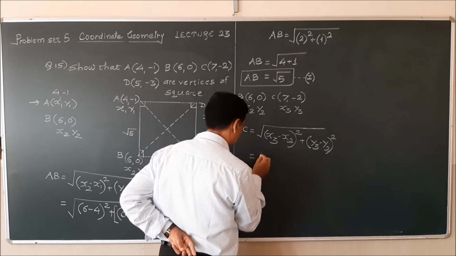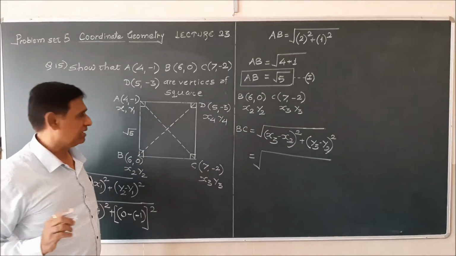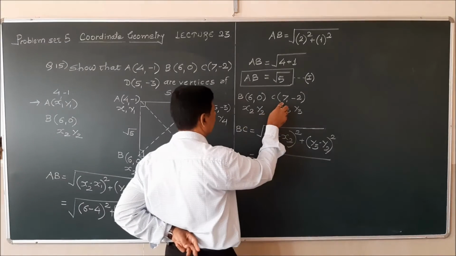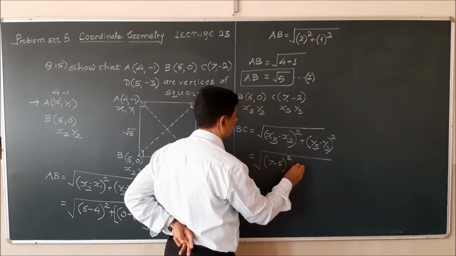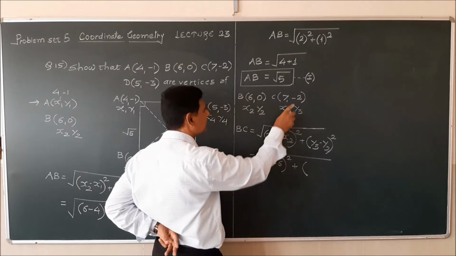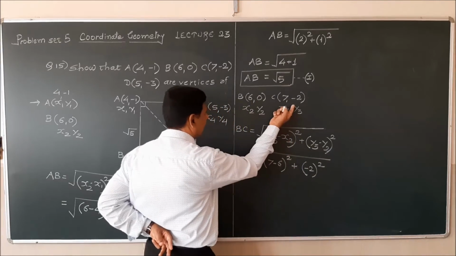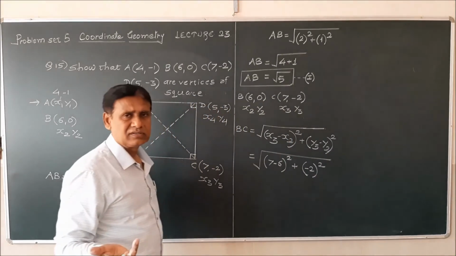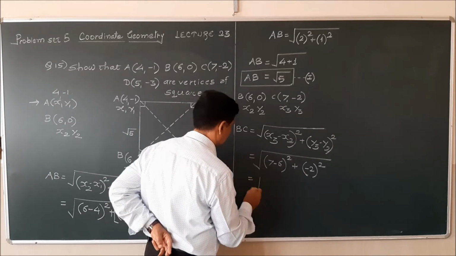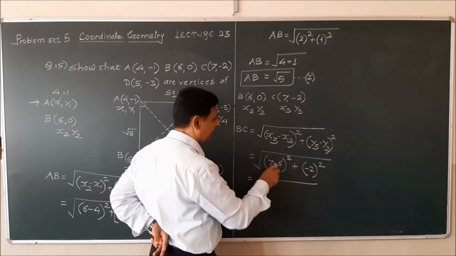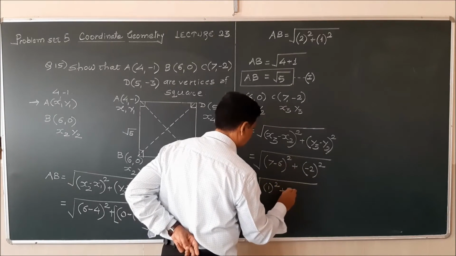That will give us root of value of x3. x3 is 7 minus 6, 7 minus 6 square, plus y3. y3 is minus 2, minus 2 minus 0. So that is equal, 7 minus 6 is 1, 1 square.